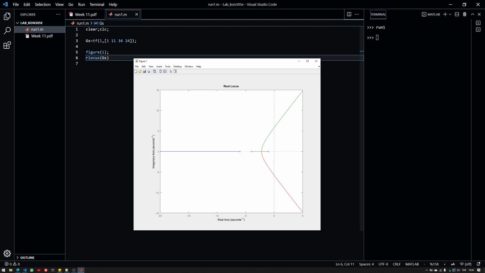Now, since we don't have any zero, no pole can reach a zero, since all poles go to the zeros in the root locus plot. So therefore, they should all go to infinity. And since there are only 3 poles, 0 zeros, the difference makes 3. So 180 divided by 3 gives you 60.